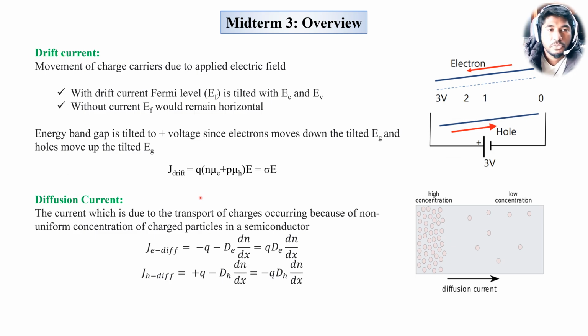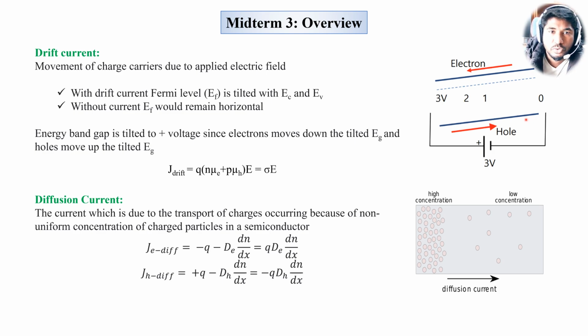Drift current and diffusion current. What is drift current? Movement of charge carriers due to the applied electric field is known as drift current, right? With drift current, Fermi level is tilted. Here we can see Fermi level is tilted like this. Without current, EF would remain horizontal.